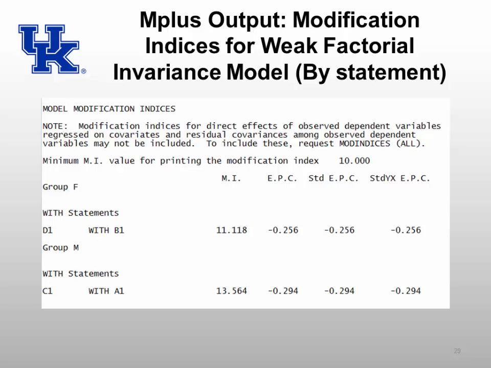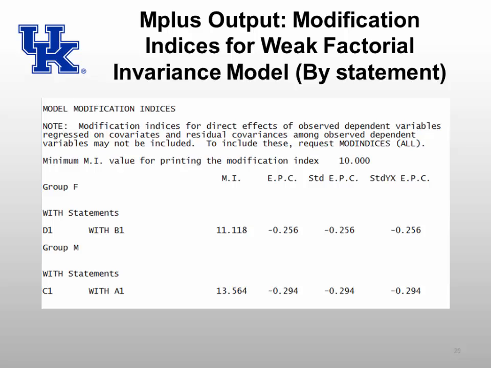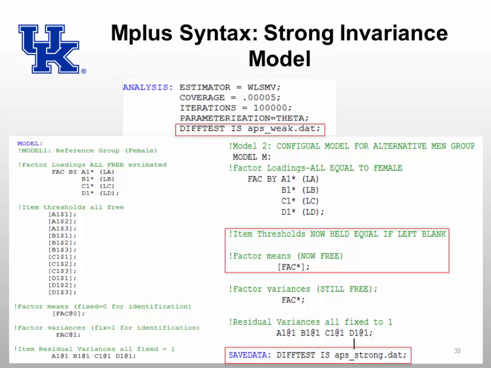But here we don't see that, meaning the modification indices didn't suggest freeing any factor loadings, which also confirms what we found in the previous output, that our tool holds weak factorial invariance. So we can move on to the next step to test the strong invariance model.